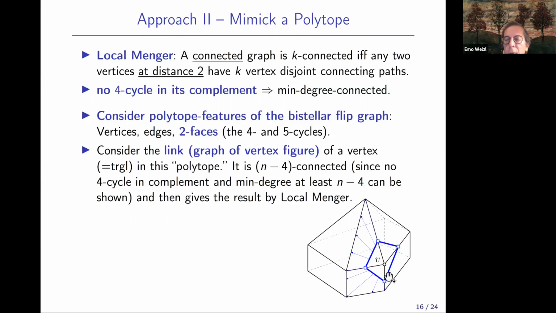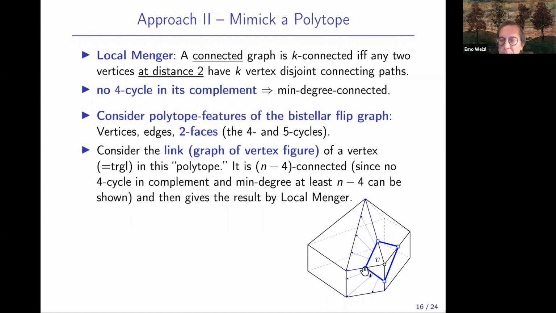Then we can show that this link here is n-4 connected, and that's where the second lemma steps in, because we can show that the link, as I defined it here, has no 4-cycle in the complement.